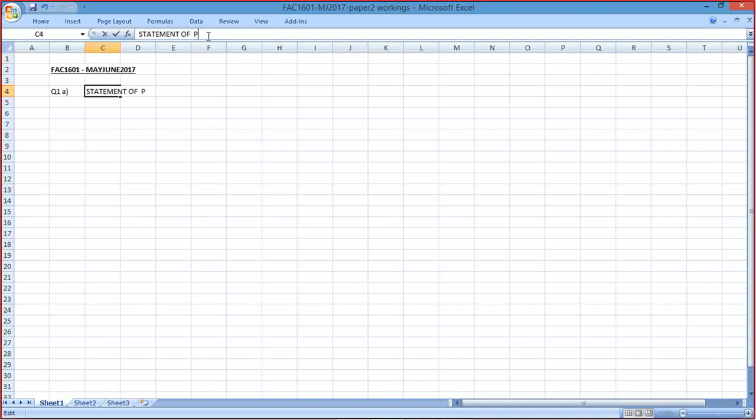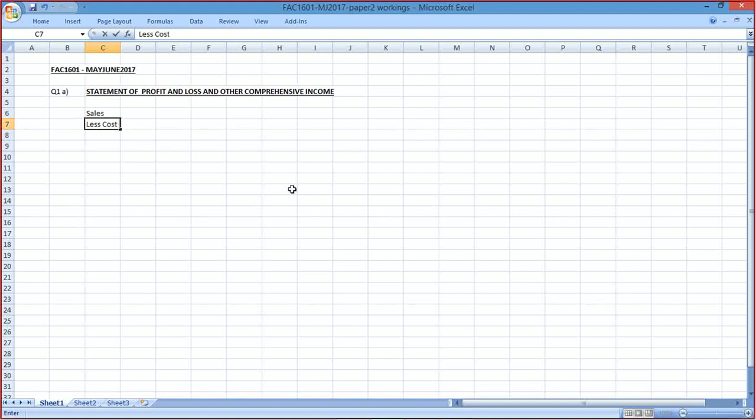Statement of profit and loss and other comprehensive income. Okay, so what does that statement look like?